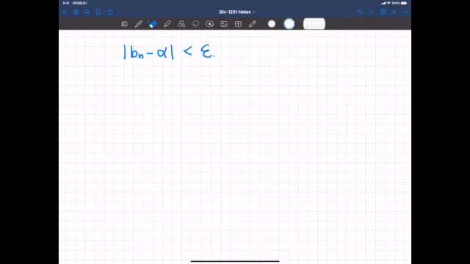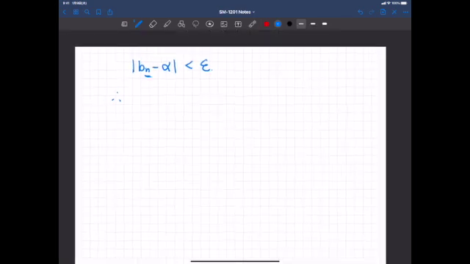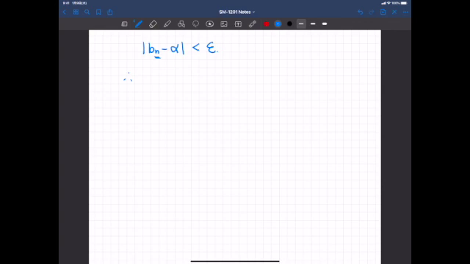So this holds when n is greater than or equal to the maximum, the greater of N prime and N double prime. Okay, so this holds for these n's.